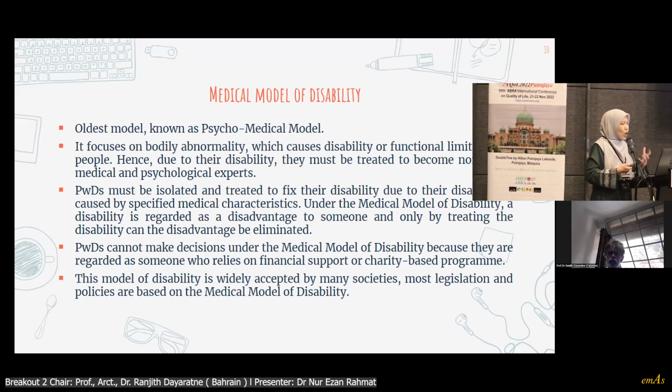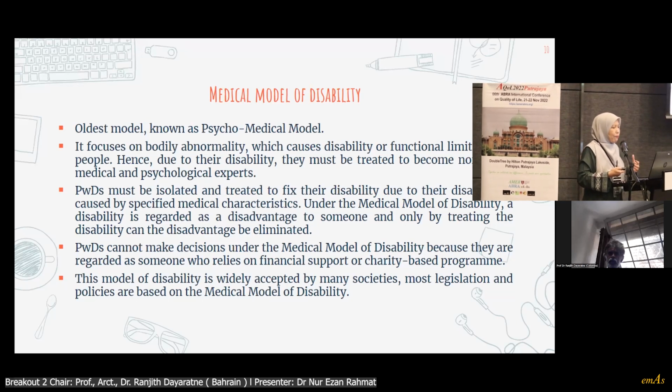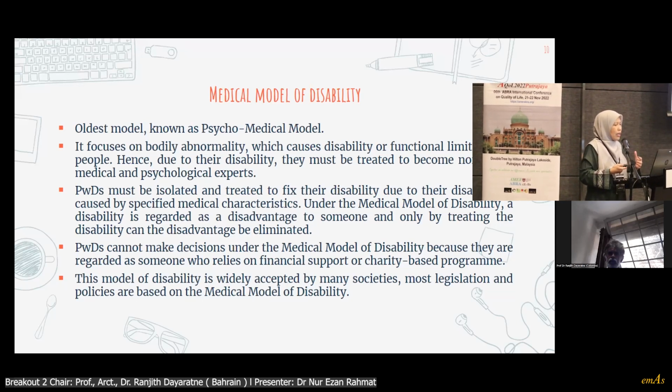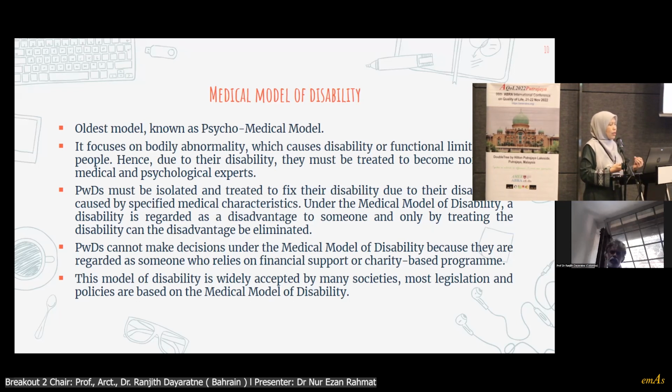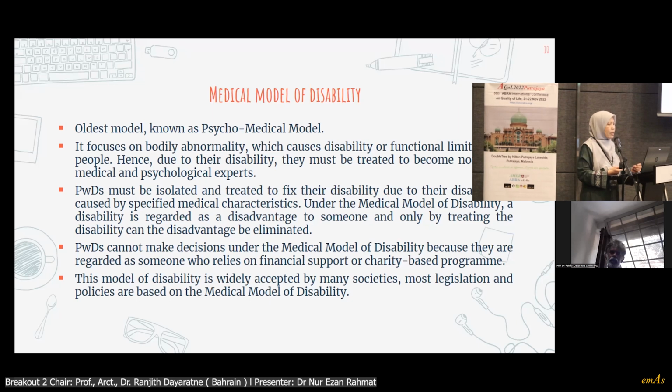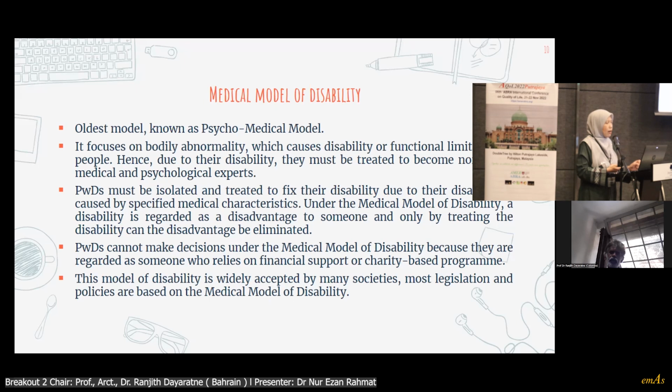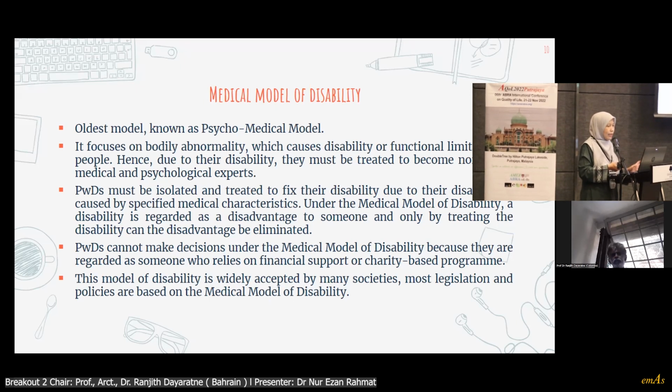Under this model, these people cannot make decisions because they are regarded as someone who relies on financial support or charity-based programs. This model of disability is widely accepted by many societies, and most legislation and policies are based on it, but it is actually quite outdated.